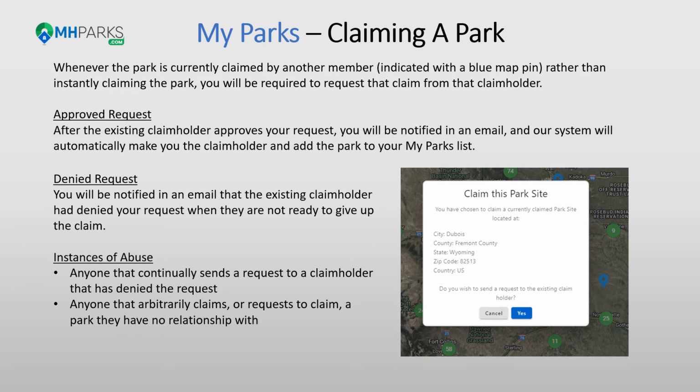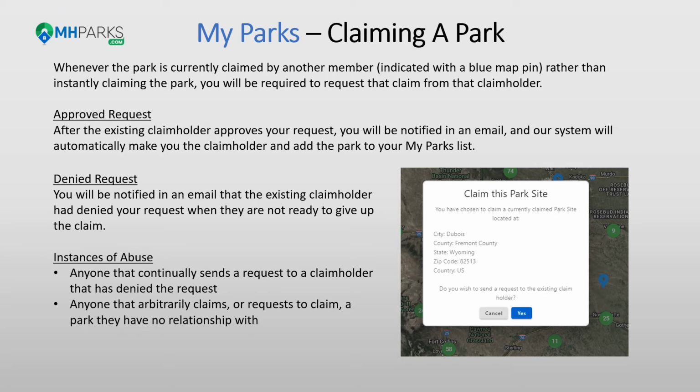And it's real simple. You just click on the map pin, double check the information in the dialog box, make sure it's the correct park that you want to try to claim, and simply click yes, and our system will automatically send an email to that claim holder saying, hey, would you like to release that park from your claim? And if they click yes, then you now become the new park claim holder in MyParks.